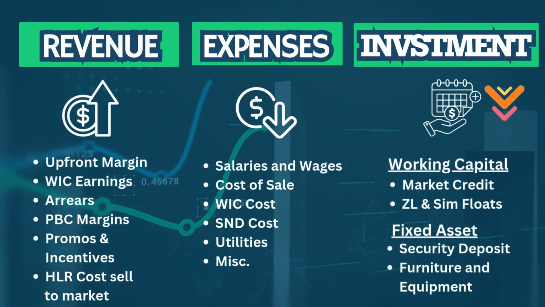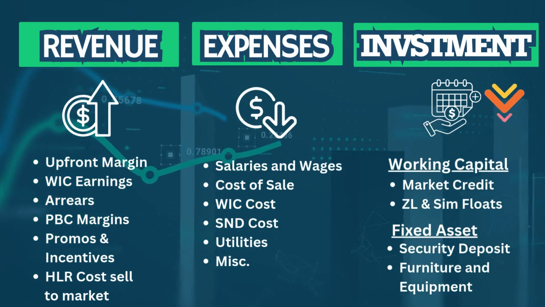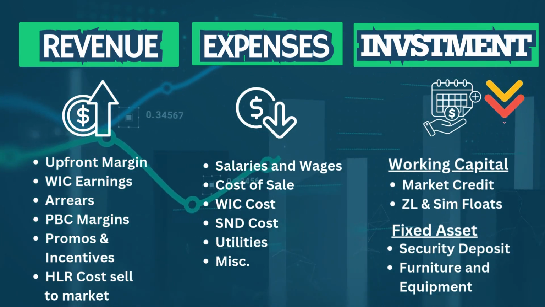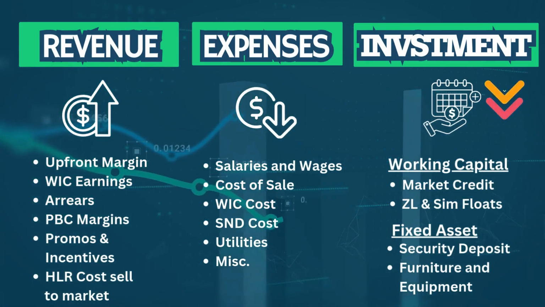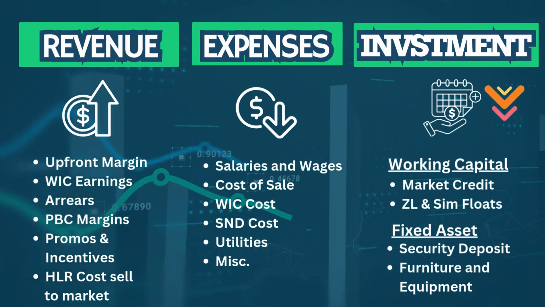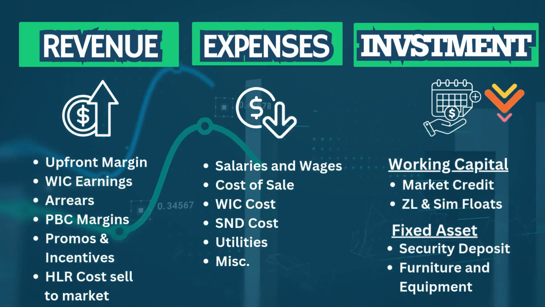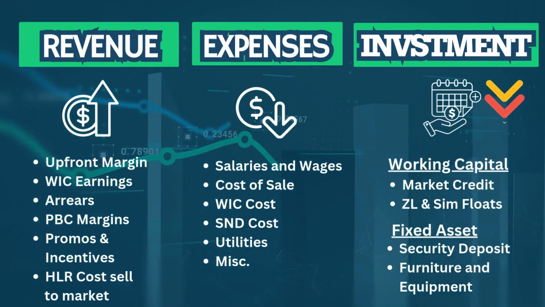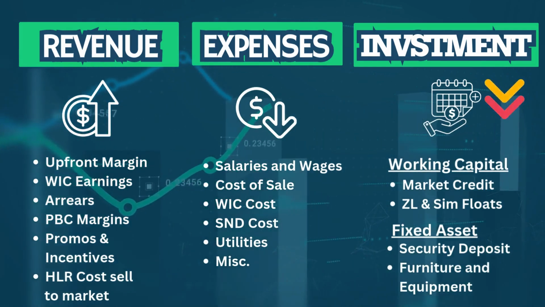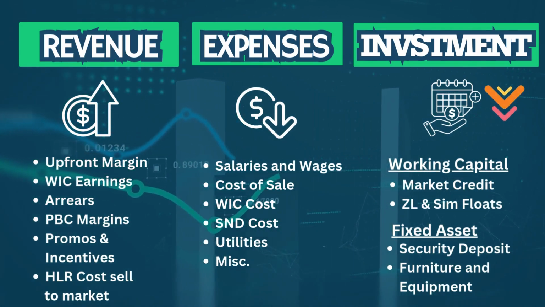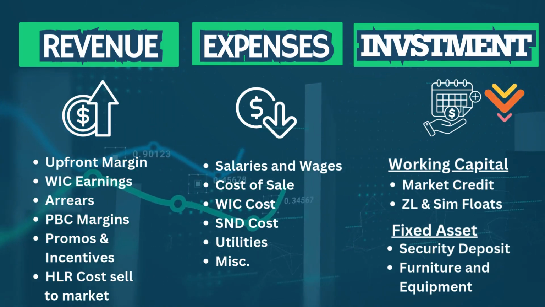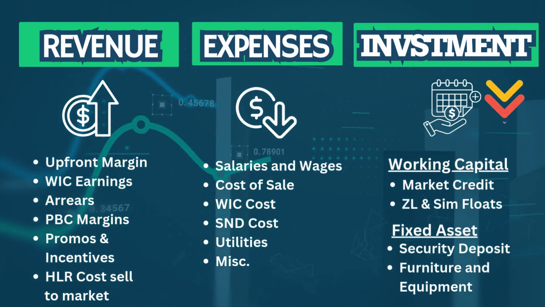And then we have ZL float and NP and PSIM float. ZL float is the opening balance in the master SIM or the RSO SIM, and usually it's around 30 to 40% of daily average loading. But yes, it can vary from case to case, franchise to franchise. And PSIM float is simply stock in hand or stock in transit.